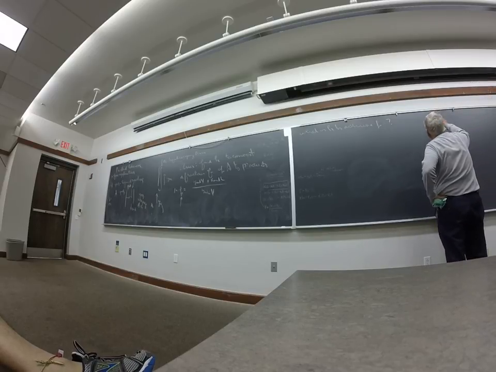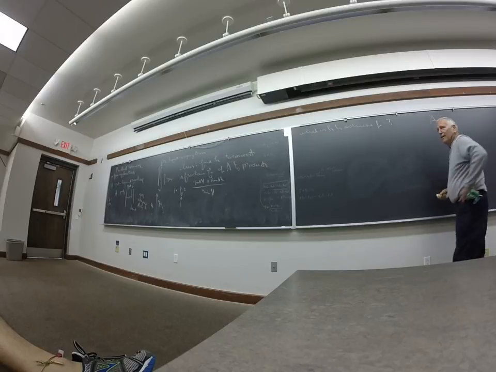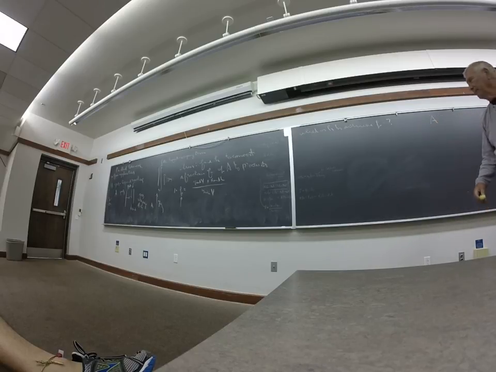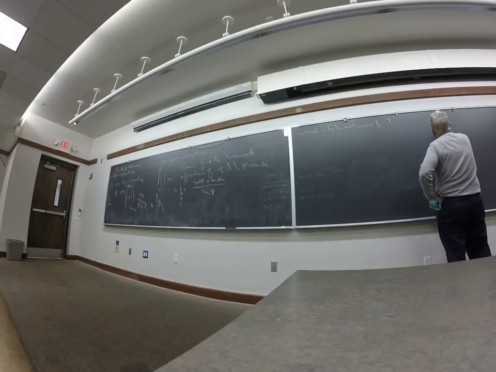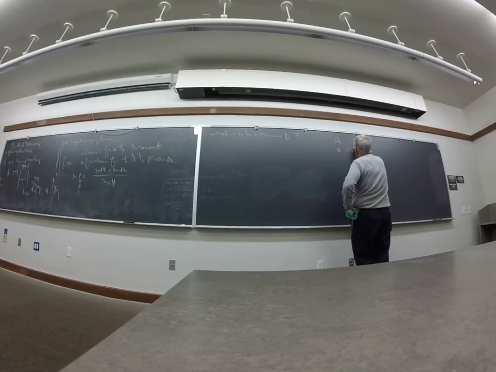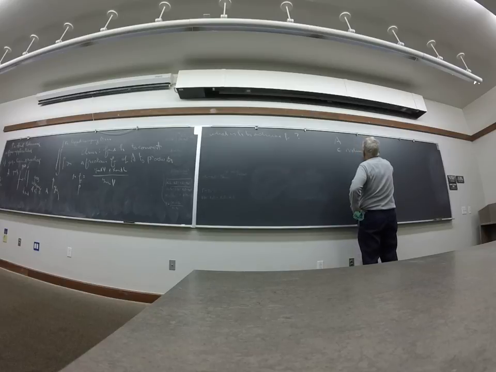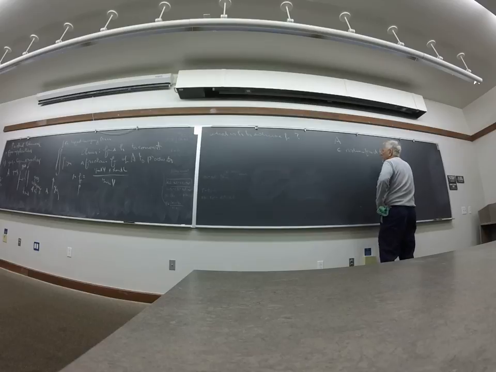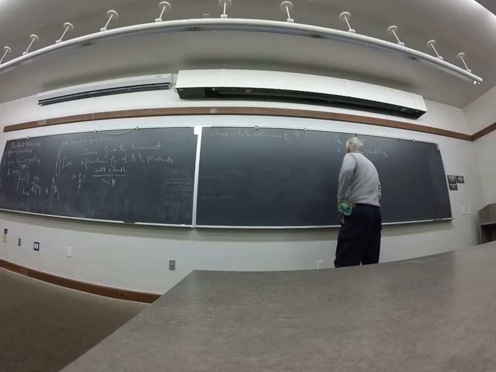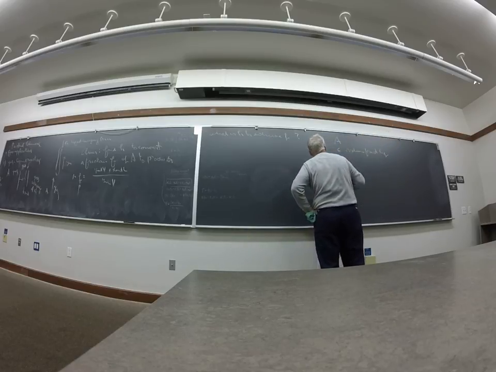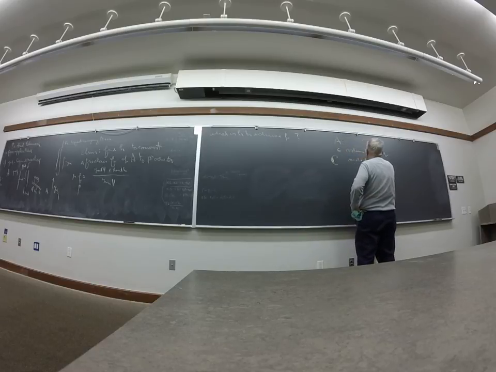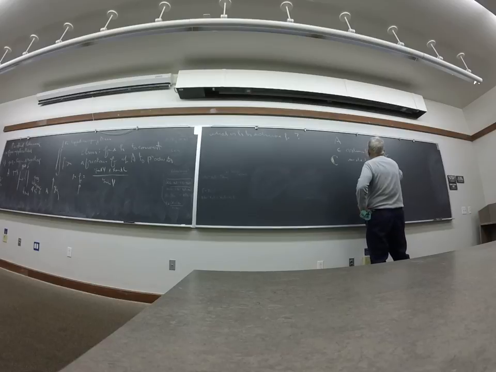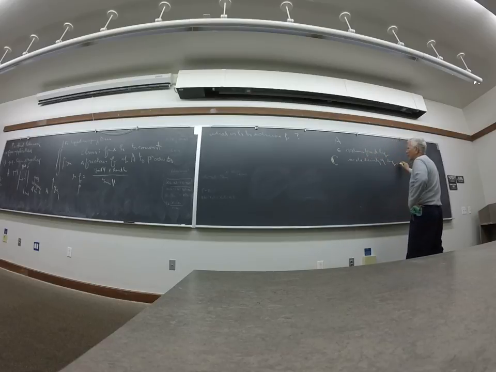So A is the cross-sectional. We got a couple of A's floating around. A is the cross-sectional area of the column. Epsilon is the volume fraction of liquid in the column. C is the molar density of the liquid phase.